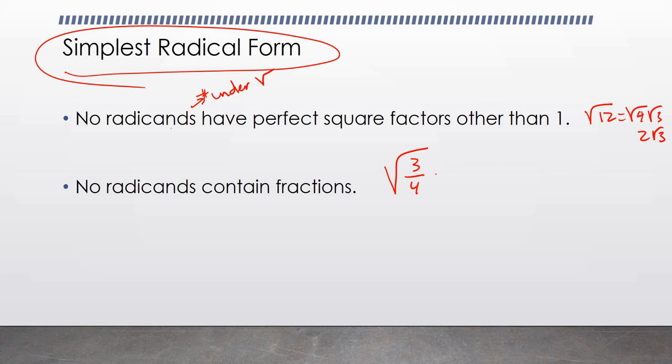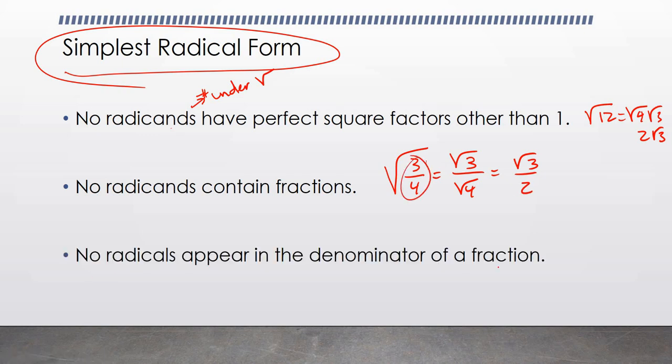Secondly, no radicands can contain fractions. If I have a fraction, I have to simplify and make sure that there is not a fraction under the radicand. And the last thing is that no radicals appear in the denominator. So if I have something with a radical in the denominator, I have to rationalize it.